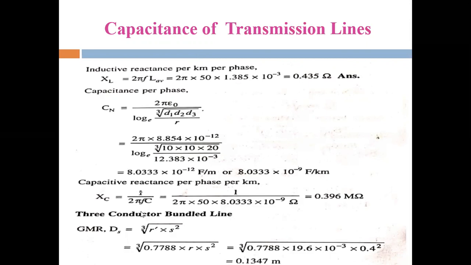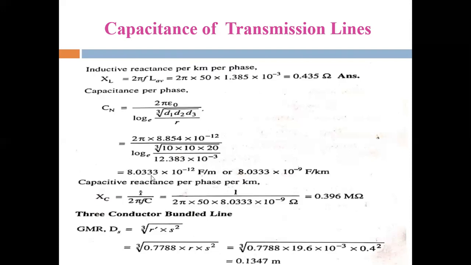Therefore the capacitive reactance XC is equal to 1 by 2 pi into f, the frequency, which is 50 Hz, into the capacitance.